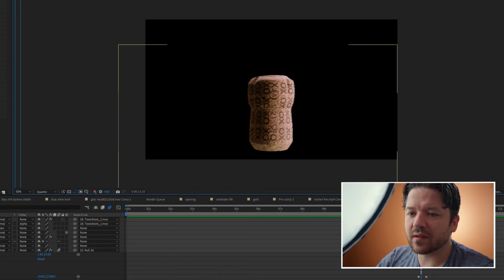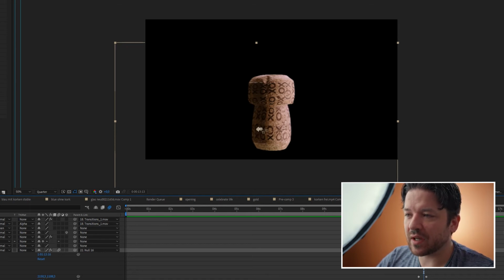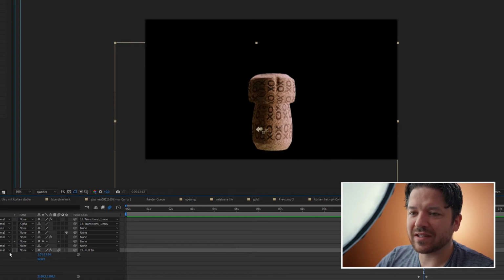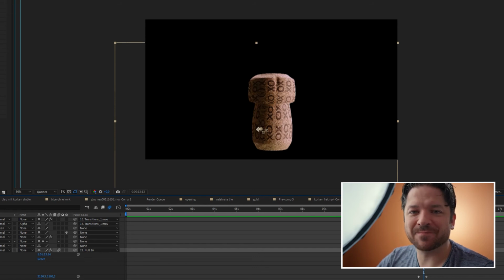So what I did is I took the puppet tool and animated it a little. And that's what came out. And then he was happy. So we got a cork that didn't look really good anymore, but we made it with the puppet tool and I deformed it a little so it looks like the original cork again.